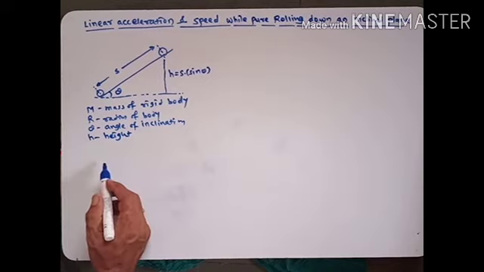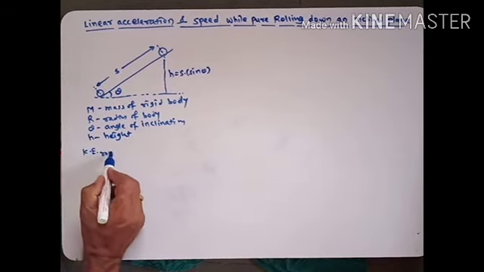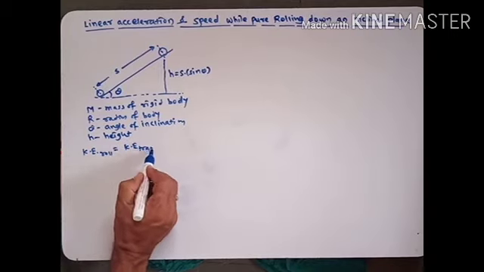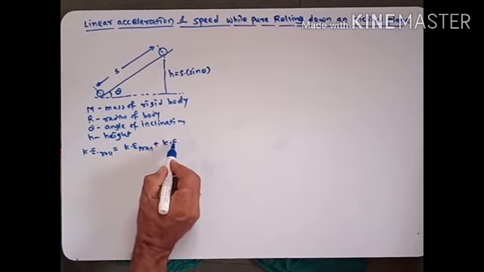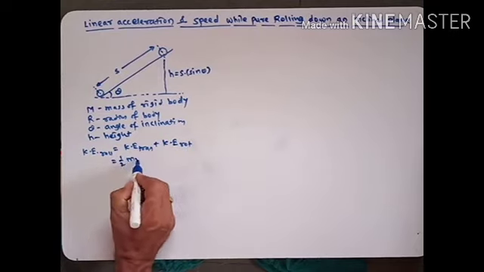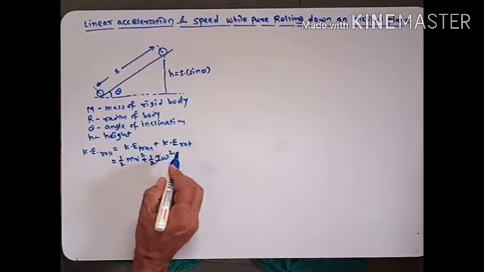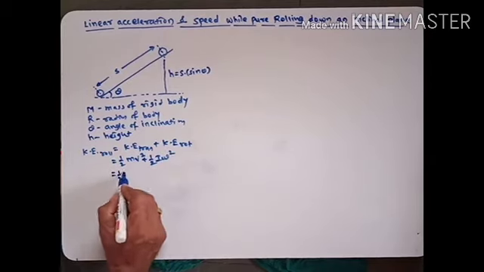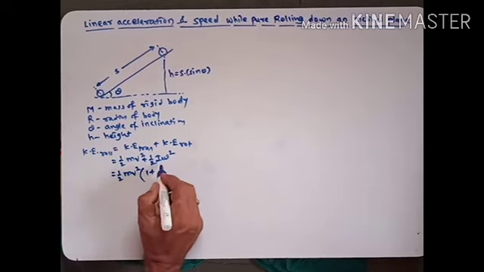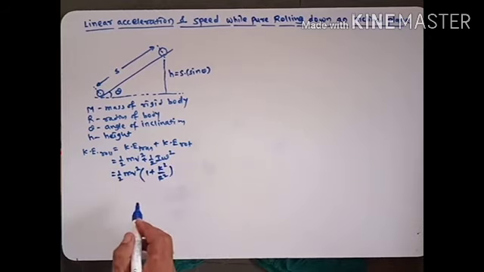Now we know that the kinetic energy of a rolling body is equal to translational kinetic energy plus rotational kinetic energy: half mv square plus half I omega square. We get half mv square into bracket 1 plus k square upon r square, as we have already studied.